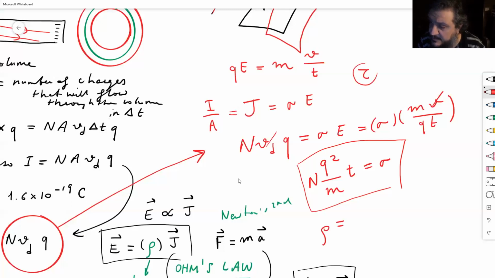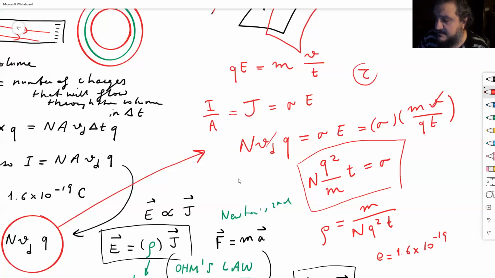That would be rho equals m divided by n q squared tau. They just use tau for time, and q is the electron charge, 1.6 times 10 to the negative 19 coulombs. Okay, so that finishes this chapter.